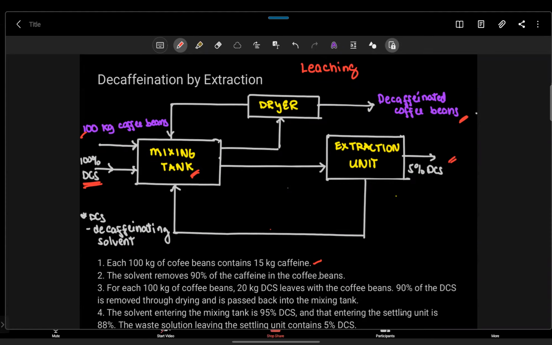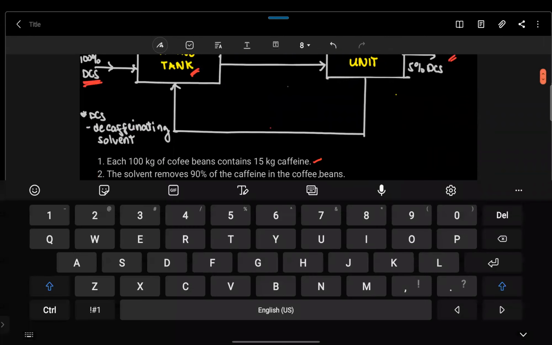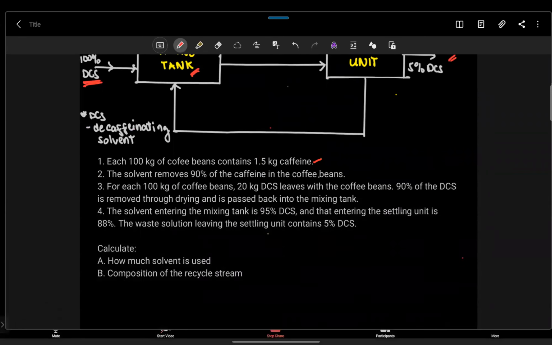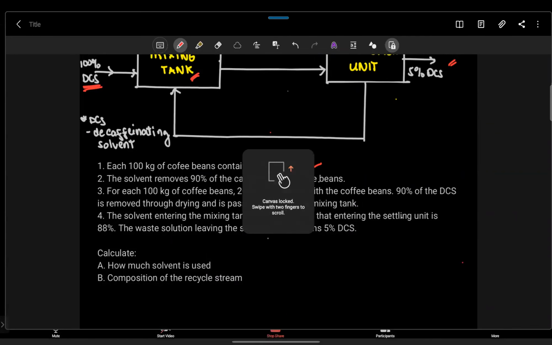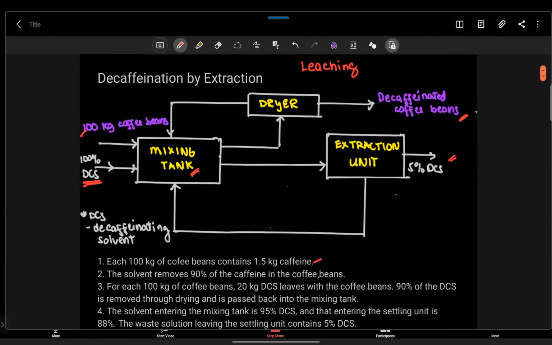Okay? Sorry, it's not 15, but rather I have here, let's change this to 1.5. Okay, so 1.5. Masyado palang marami yung 15. So 1.5 lang. Okay, so ilalagay natin yan ngayon dito sa ating feed composition. So sabi natin, 1.5 daw kilogram yung caffeine.